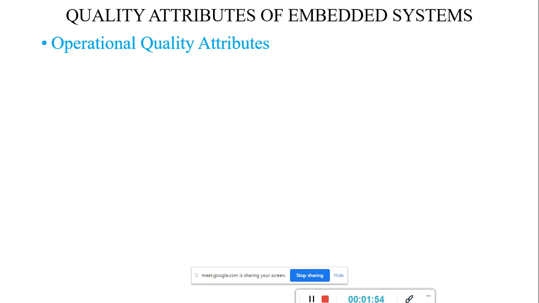Operational quality attributes. When we design an embedded system, the design should take into consideration both the functional and the non-functional aspects.